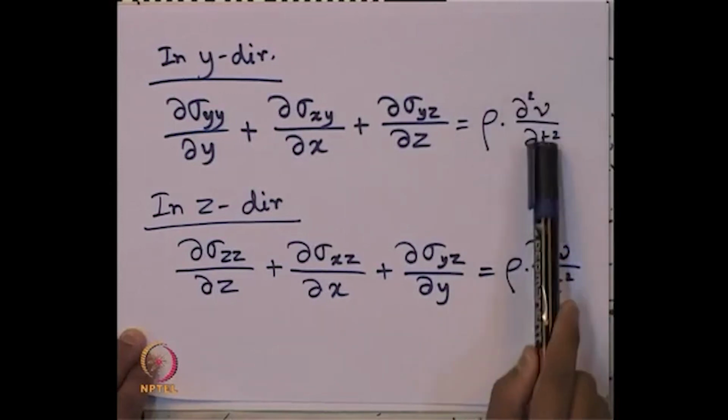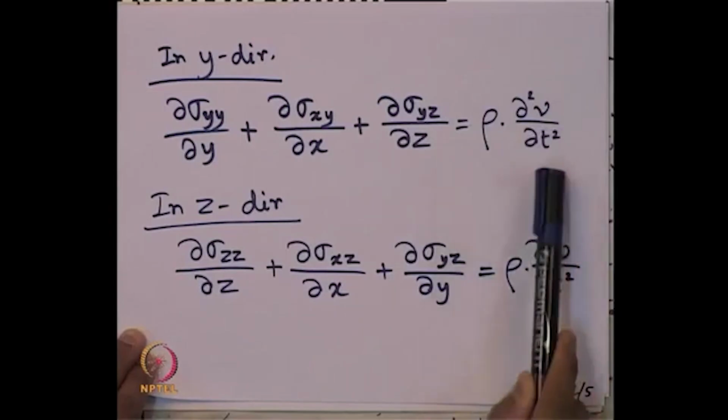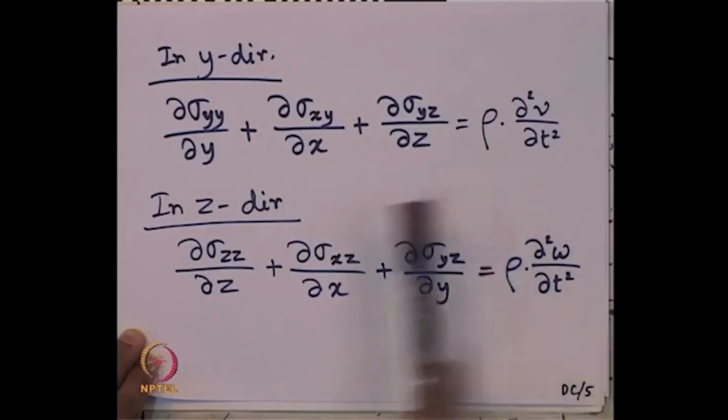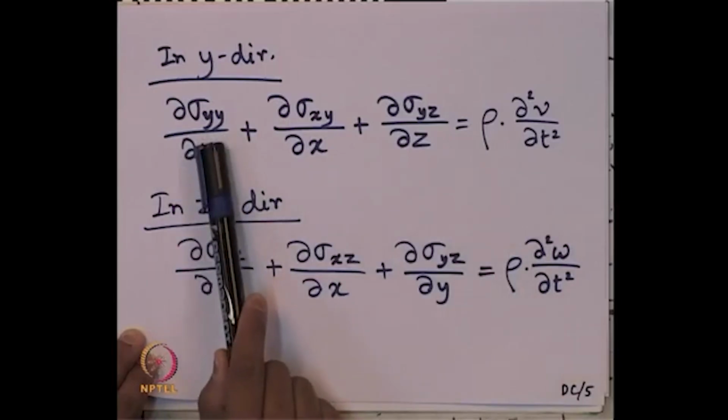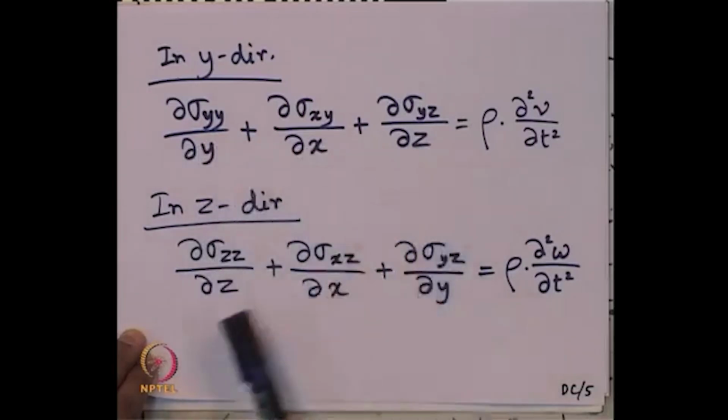So del square v by del t square is the acceleration in y direction, rho is the density of the material, sigma yy is the normal stress along y direction, and sigma xy and sigma yz are the shear stresses.